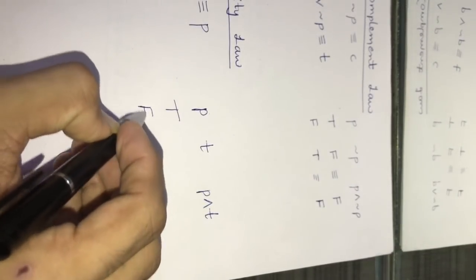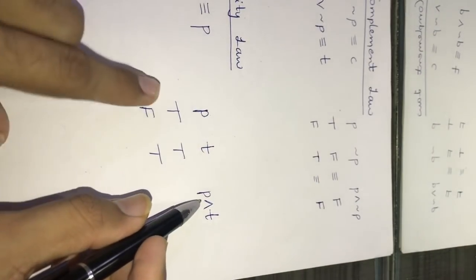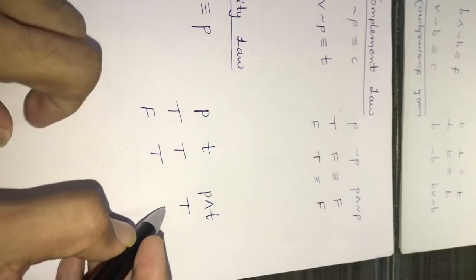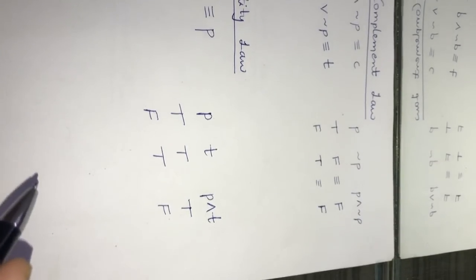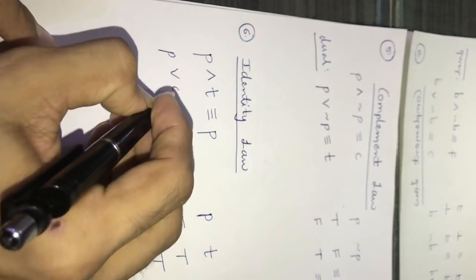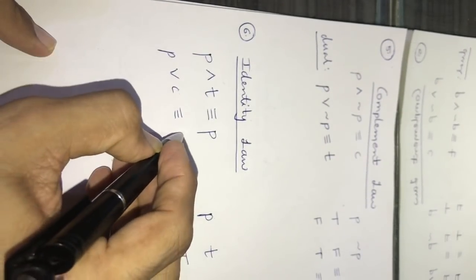This can be false. Tautology is always true. So when you're finding true and true, it's true. But when you're finding false and true, it's false. We just discussed this in the previous video while I was explaining dual to you, that P and tautology is P, right? The dual will be P or contradiction is P.